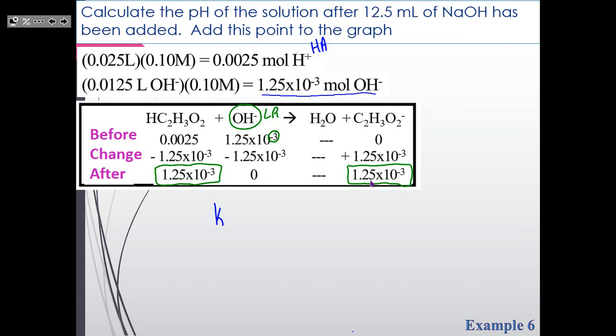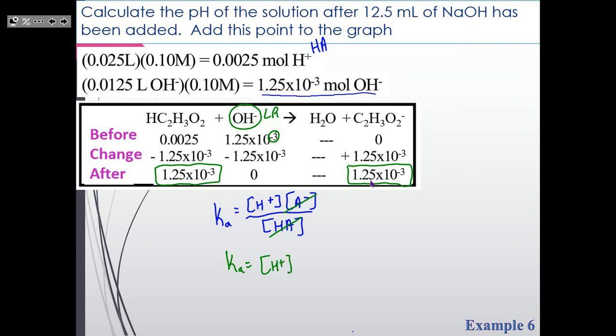If we have a Ka expression, the generic expression for the dissociation of a weak acid is H plus times A minus, products over reactants. At this point, if we were to actually calculate the concentration by dividing by liters of solution, what we would find is that these two are going to cancel out because they have the same value, which means Ka is equivalent to the H plus concentration.